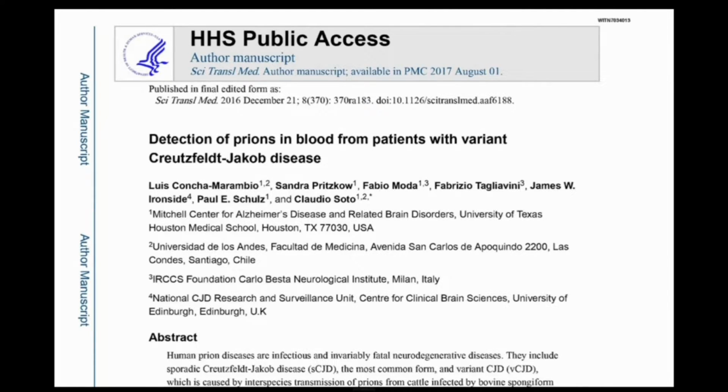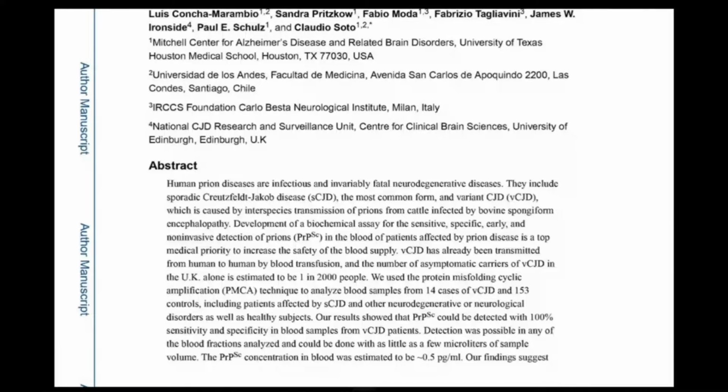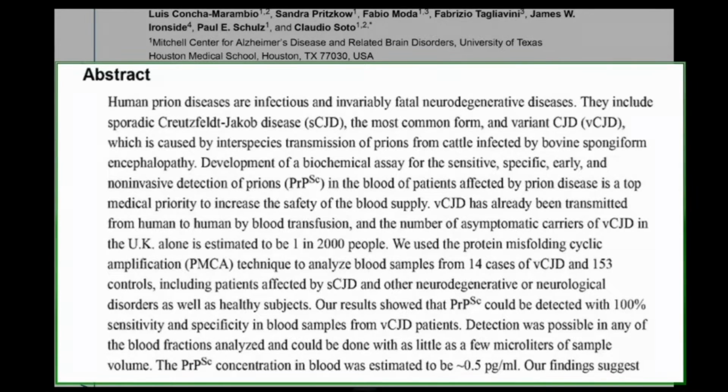If we look at the abstract, about halfway down that paragraph, it starts by saying, we used the protein misfolding cyclic amplification, PMCA technique, to analyse blood samples from 14 cases of VCJD and 153 controls, including patients affected by SCJD and other neurodegenerative or neurological disorders, as well as healthy subjects. Our results show that PrPSc could be detected with 100% sensitivity and specificity in blood samples from VCJD patients.